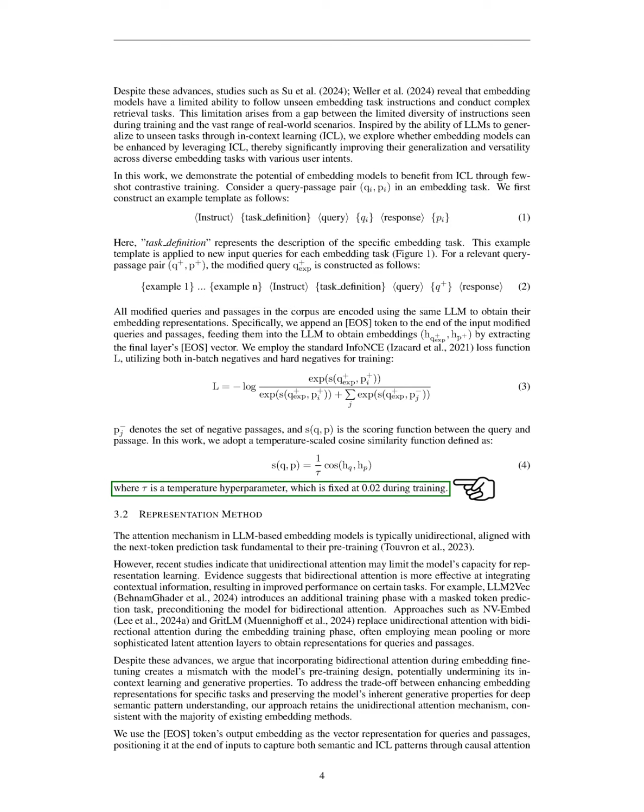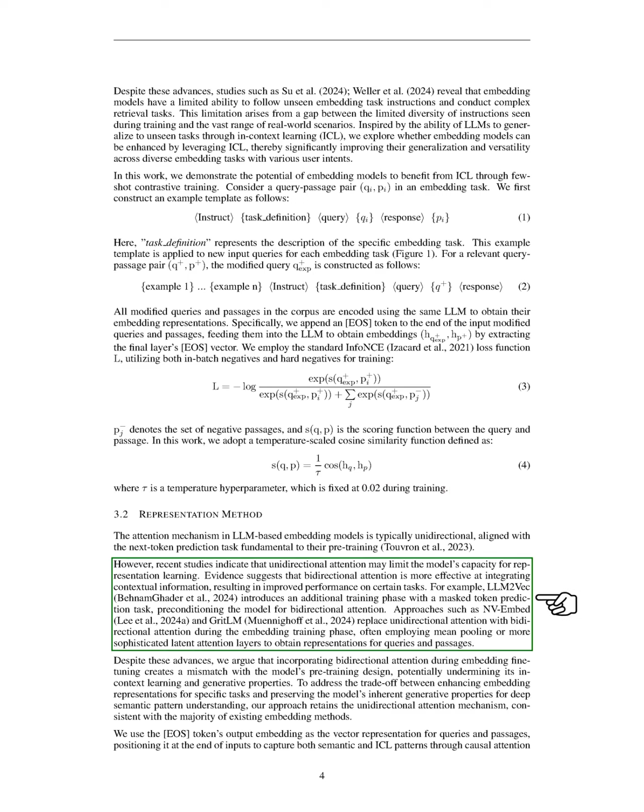Our scoring function measures the similarity between queries and passages, using a temperature-scaled cosine similarity with a fixed temperature of 0.02 during training. Regarding representation methods, we note that LLMs typically use unidirectional attention, which may limit their representation learning. Research suggests that bidirectional attention can better integrate contextual information.